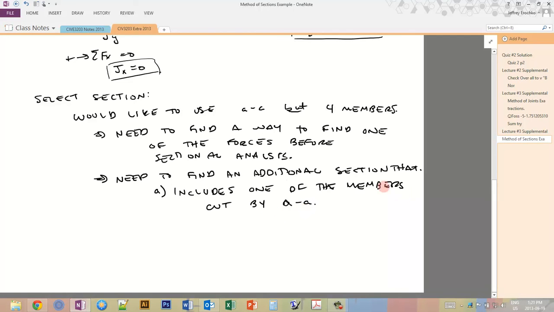So obviously that alternate section has to include one of those members cut by AA, which is the one that we want to find. And then B, all the other member forces at the cut are concurrent through a single point.